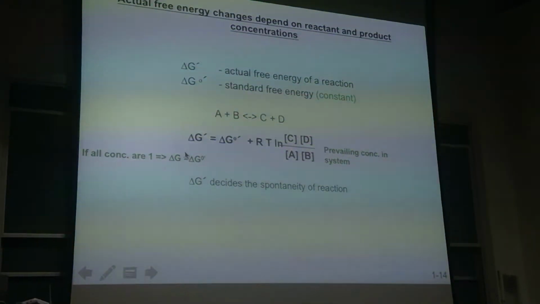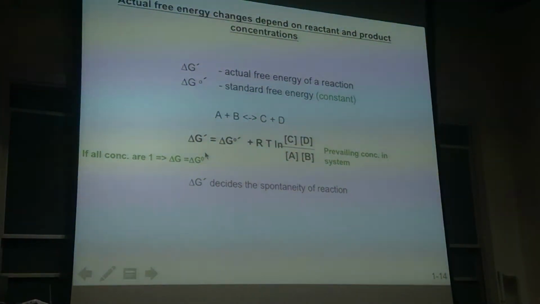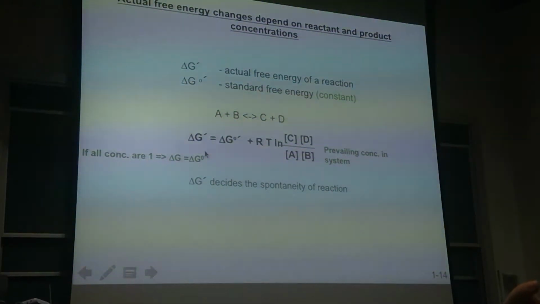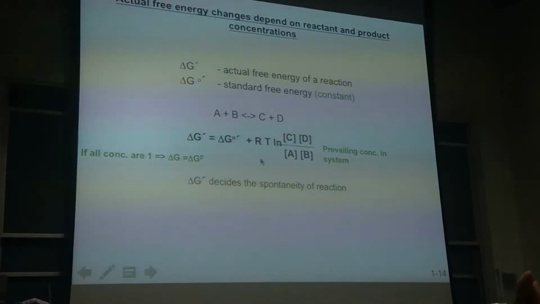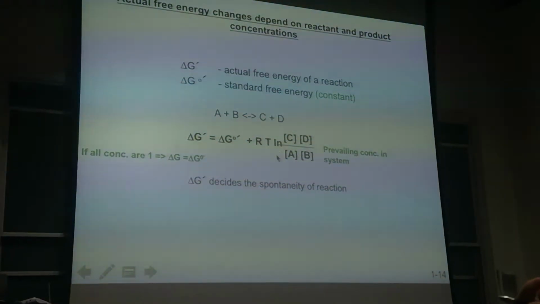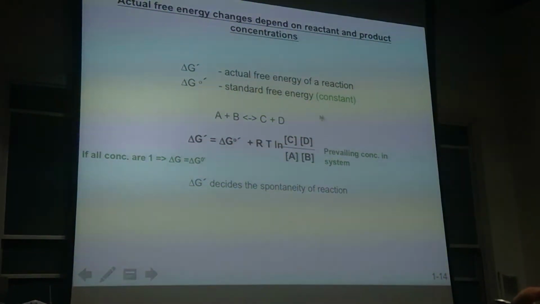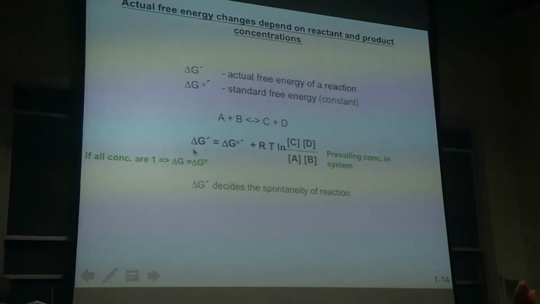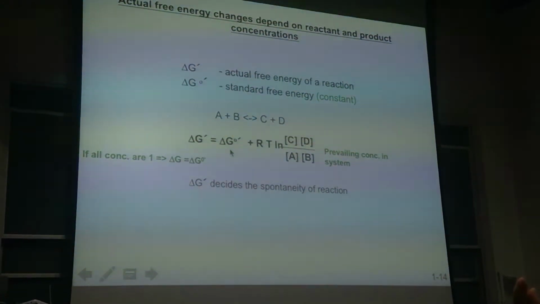This should say delta G prime is equal to delta G0, right? So in that case, if each of these are 1, this whole term cancels out, and you have this is equal to this.